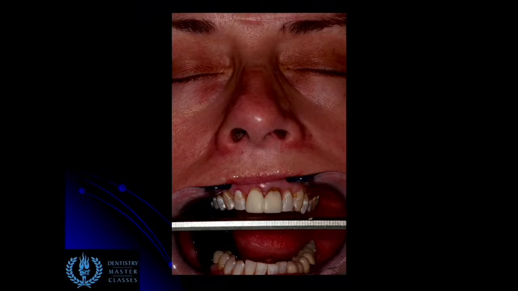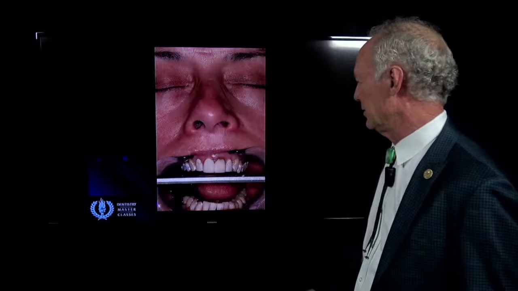Again, incisal plane, gingival line, pupillary line are all parallel. Now I've got to match the incisal plane of these adjacent teeth to the gingival line and the pupillary line.